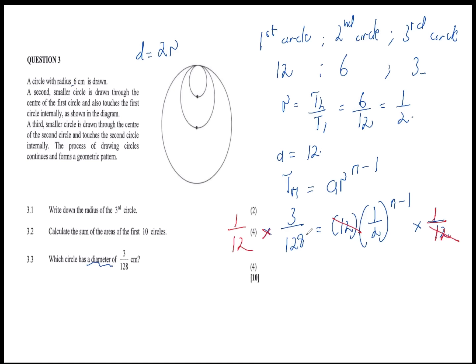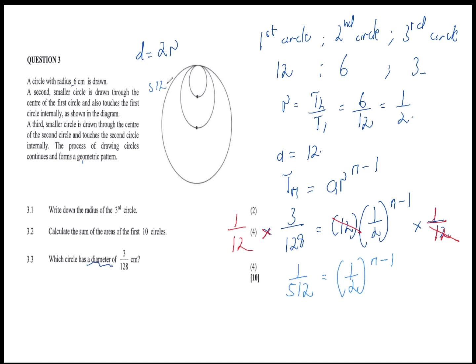But then here, when we multiply it, what is it going to give us? We are going to get 1 over 512 is equal to 1 over 2 to the exponent of n minus 1. Now we can take this and write it in exponential form.